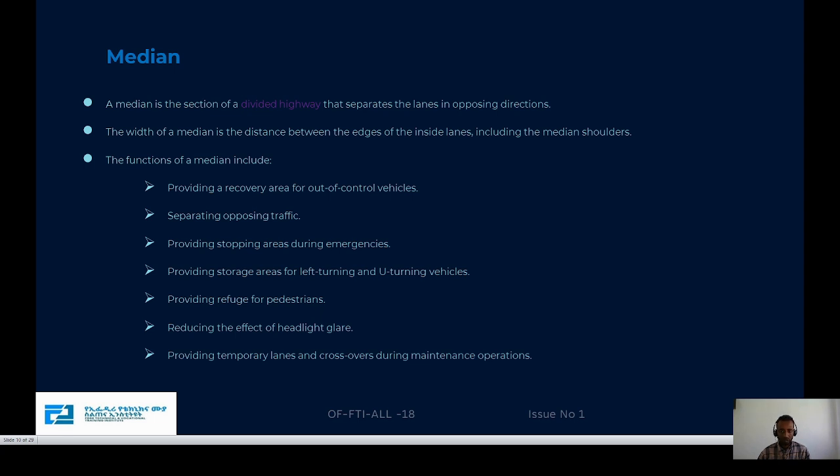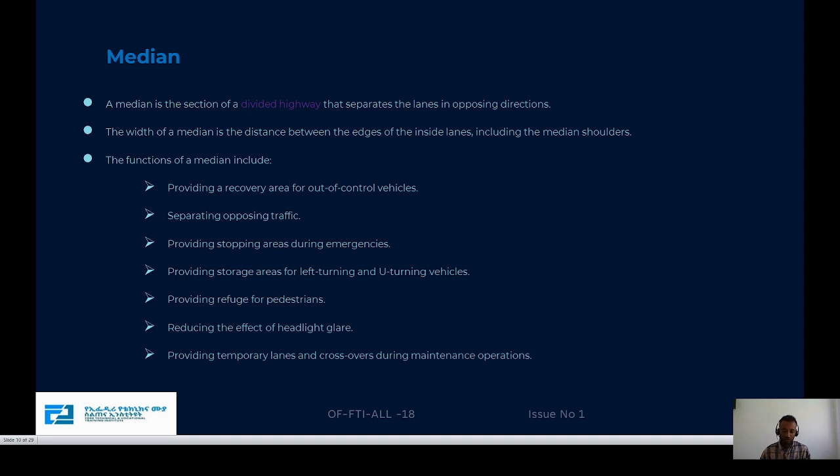The functions of the median: the first one is to provide a recovery area for out of control vehicles, preventing them from entering the opposite direction, and also separating opposing traffic, and providing a stopping area during emergency. And also provide a storage area for left turning and U-turning.